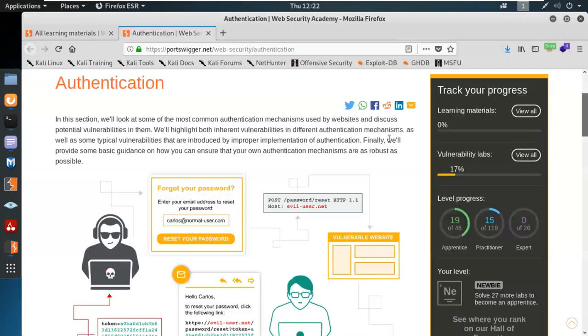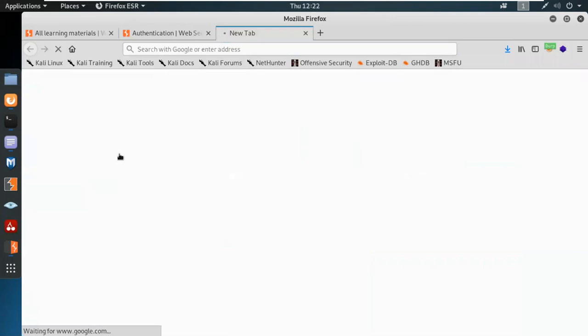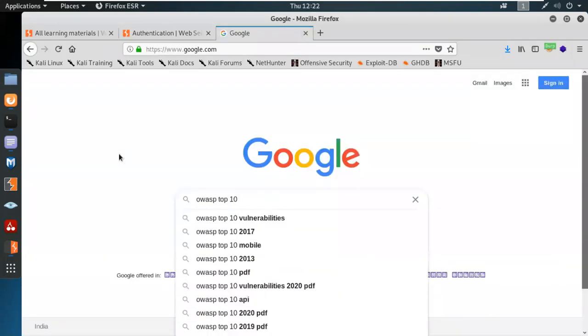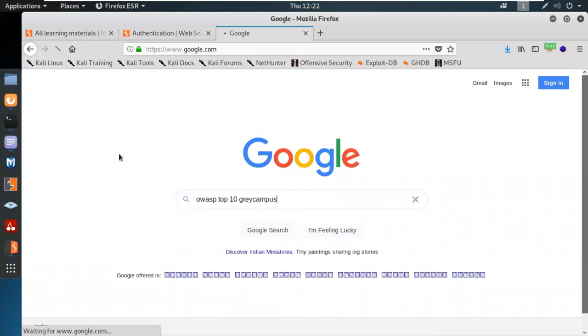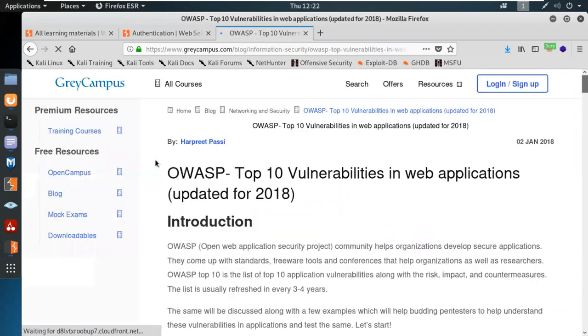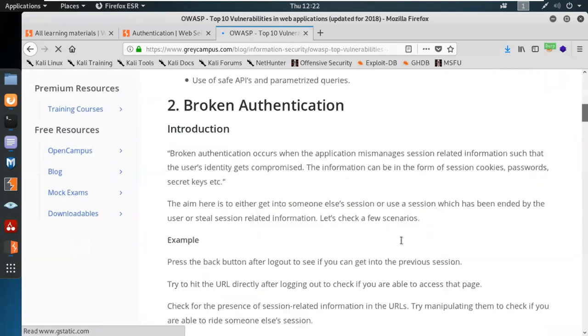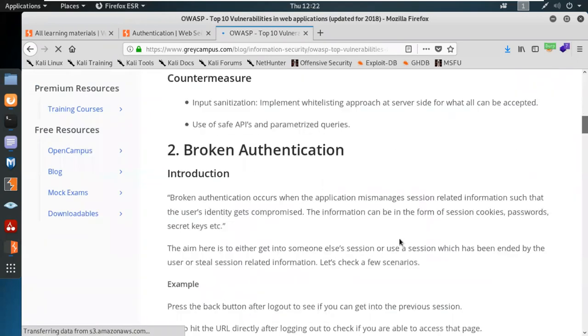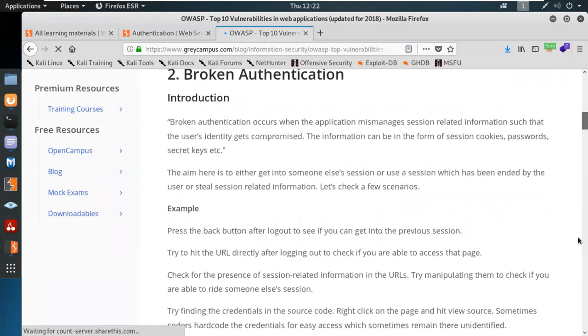But today we're going to talk about the authentication part, that is our broken authentication on OWASP Top 10 A2. Let's see a few definitions of the OWASP Top 10. So we have the first one, the broken authentication part.